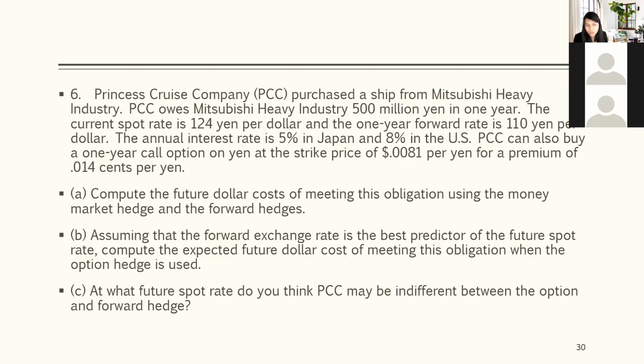So question 6 is quite standard. You just follow the steps. So question 6 will be a good chance for you to revise the previous exercises that we have done before. Okay, just be careful with the exchange rates here. So sometimes it's quoted per dollar and sometimes it's quoted per yen. Okay, so be careful when you convert the currencies.